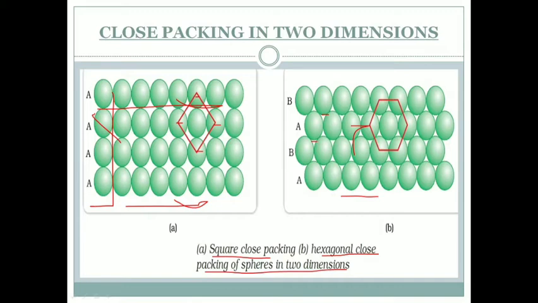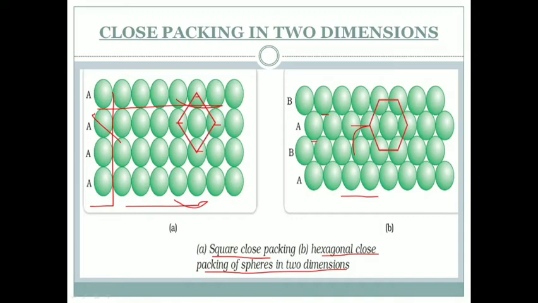If the arrangement of spheres in the first row is called A type, the one in the second row is different and may be called as B type. When the third row is placed adjacent to the second in staggered manner, its spheres are aligned with those of the first layer. Hence, this layer is also A type. The spheres similarly placed fourth row will be aligned to those of the second row, that is B type.